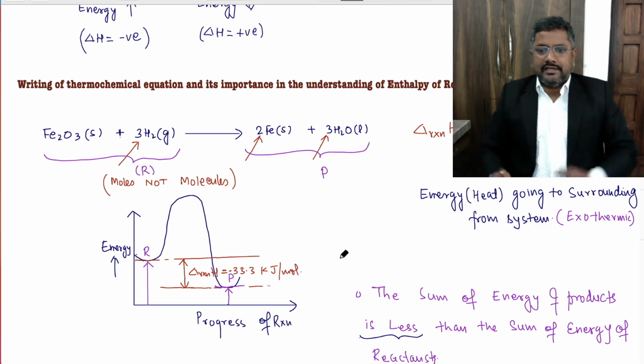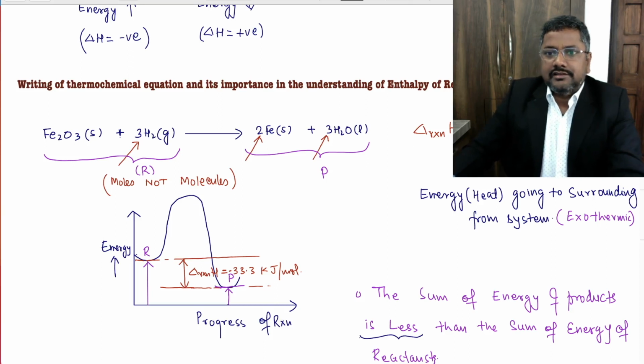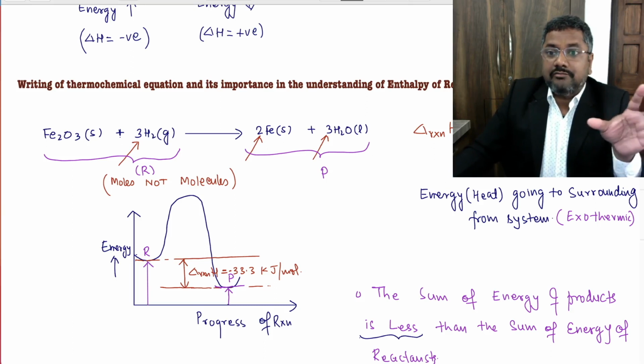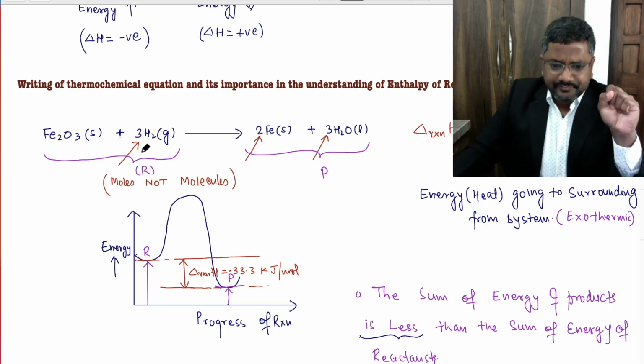So this is another way of representing this data, and for your better understanding, what is the meaning of this? That the energy of product is less than the energy of reactants.